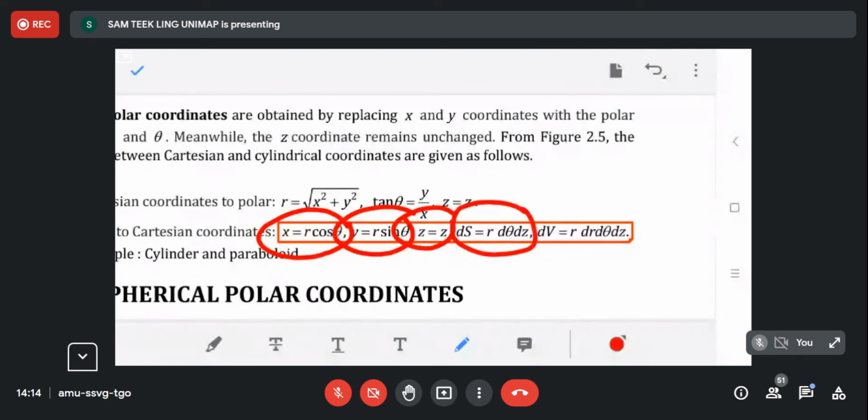Question is dS, so we choose this one. dS equal r d theta dz. It's dz, d theta, okay, not dV. This one is volume. So we only do surface now. If you can understand your surface, for your integral, volume is similar. Surface is more difficult than volume because your surface needs to find your n. For your volume, no need, direct.